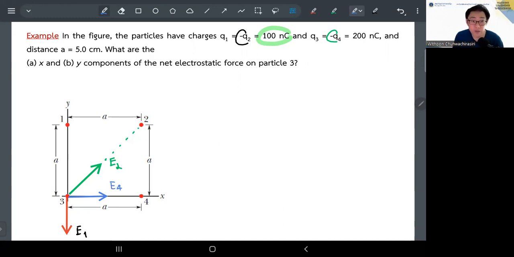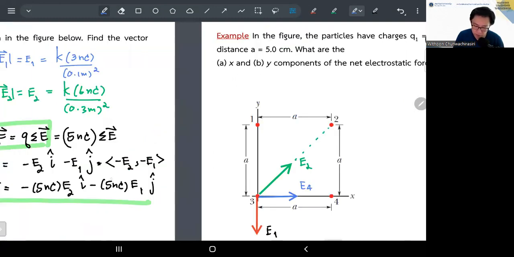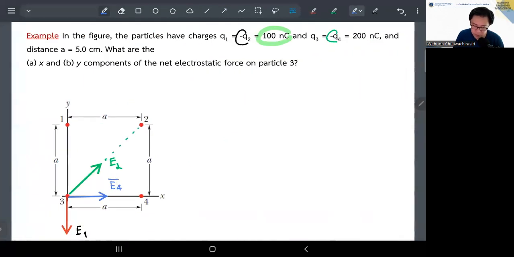All right, and all you have to do is just find the net electric field. So what you really want to do is sum all these vectors together. Let's do it color coded a little bit. The way that you sum them, you can do the same trick that you did all along.